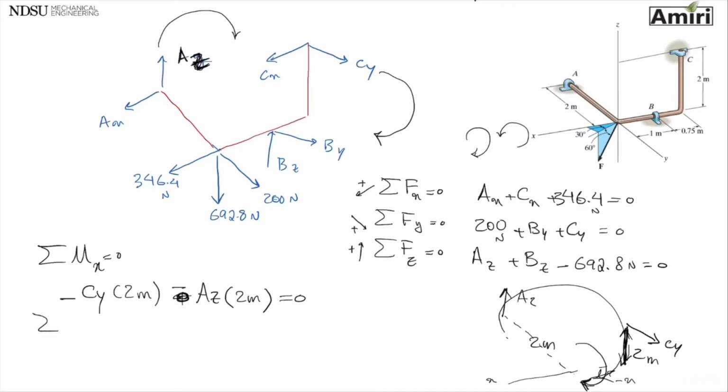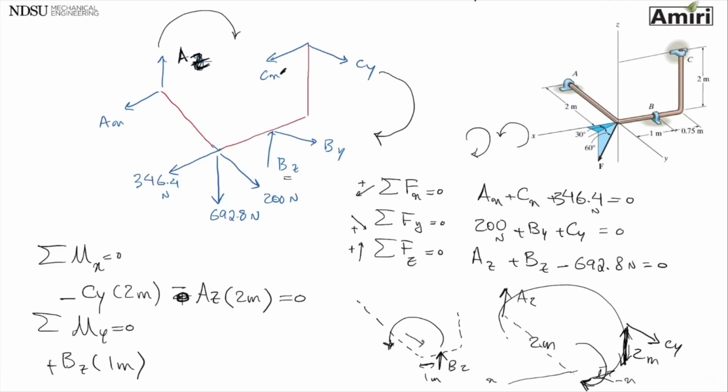Okay, let's think about summation of moments about the y-axis. Anything that is trying to rotate this about the y-axis. The only two forces that I see are BZ and CX. BZ is trying to rotate this whole thing about the y-axis with a distance of 1 meter. Using the right hand rule with fingers curling, that's going to be plus.